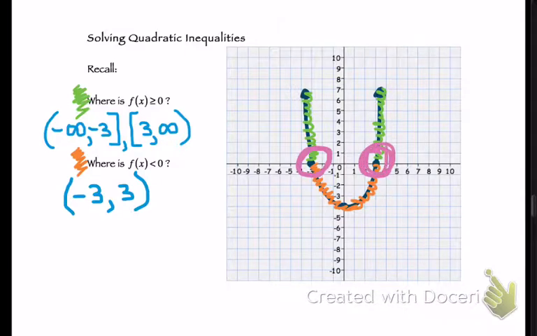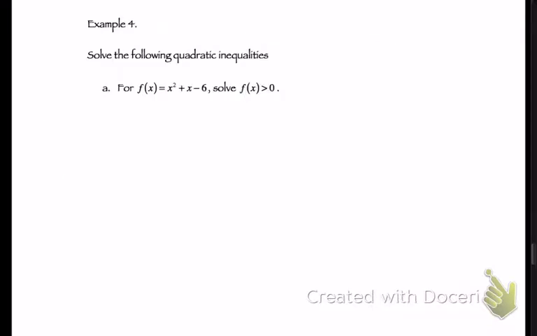I gotta find them because I know that those are going to be in my answer. So if I go back and think about this, now I don't know where those points cross the x-axis. So I gotta figure out what x is. How do I figure that out? Well, I'm going to factor this. Two numbers that multiply to get -6, but add to get +1. It's +3 and -2. So I factored them.